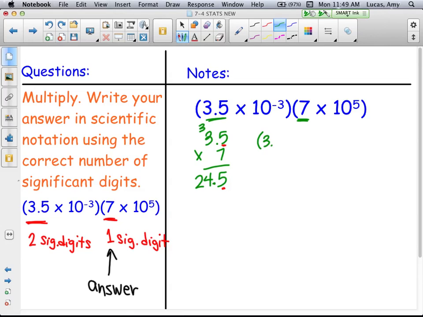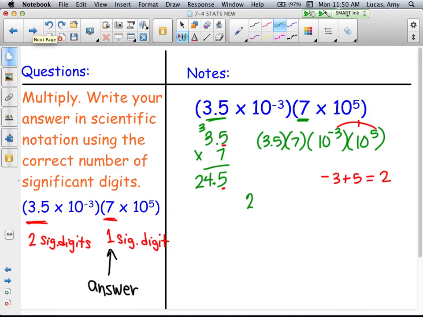So I've regrouped like this. Now I can add together my exponents. So -3 plus 5 is 2. So then my final answer, I'm thinking, would be 24.5 for my decimal part here, times 10 to the power of 2.